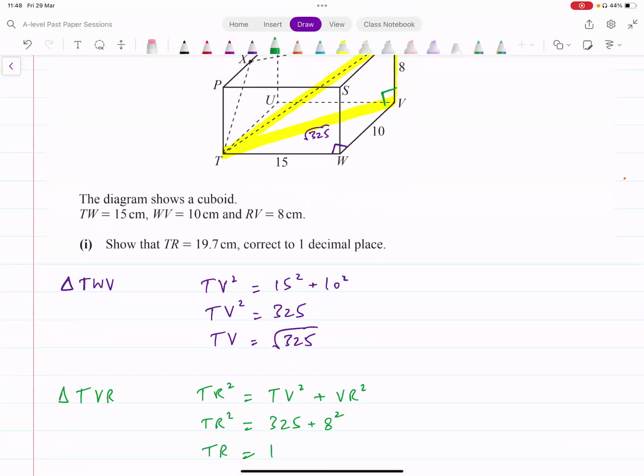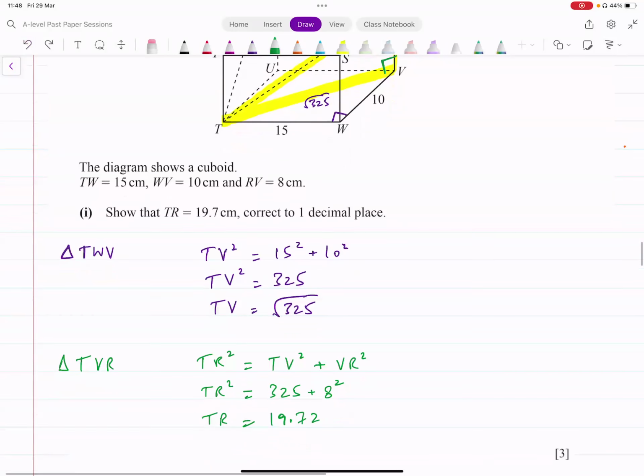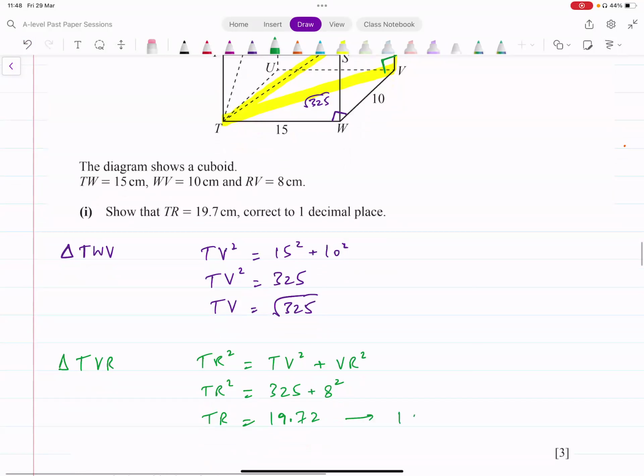TR turns out to be 19.72. Now to 1 decimal place, it becomes 19.7. And that's what we had to show in this part. So the length of TR is 19.7. We found that.